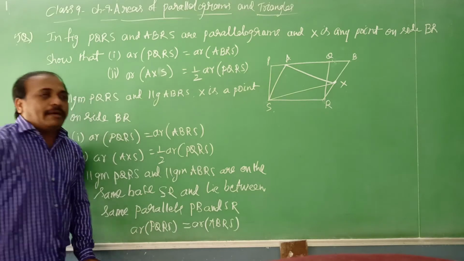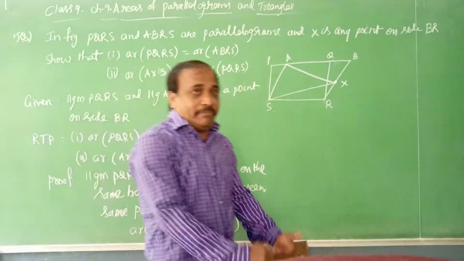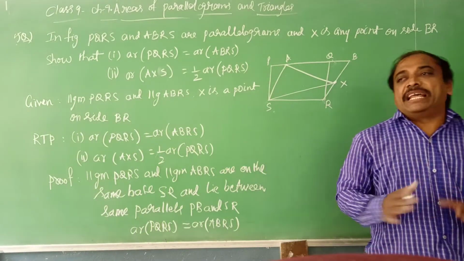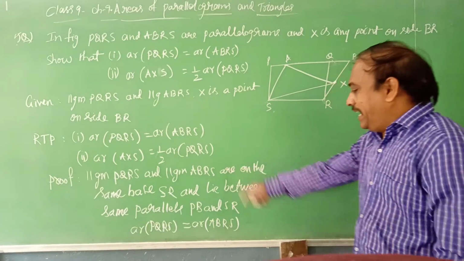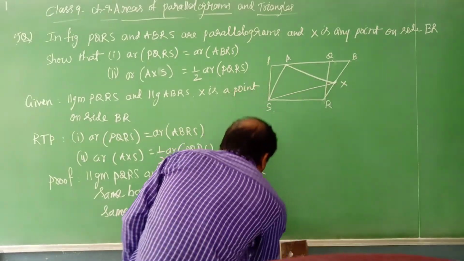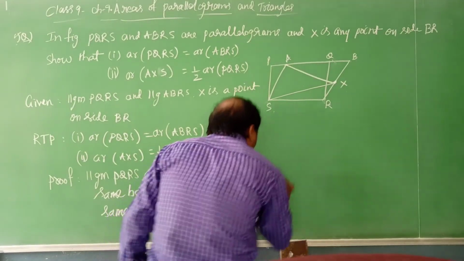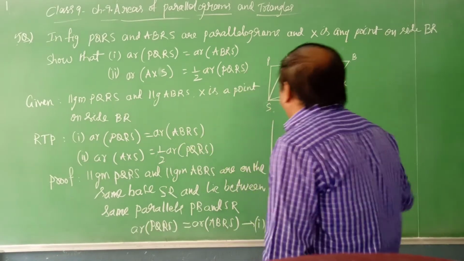As we know, parallelograms which lie on the same base and between the same parallels have equal areas. So this is the first one, we proved. Now come to the second one.